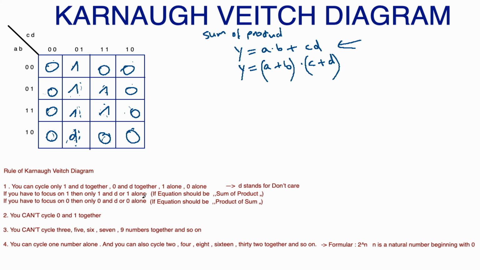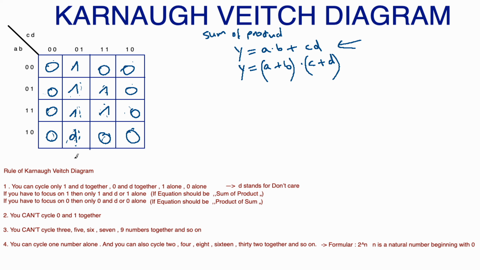So what do we have to do now? I have already learned that we can cycle 1, 2, 4, 8, 16 numbers together.